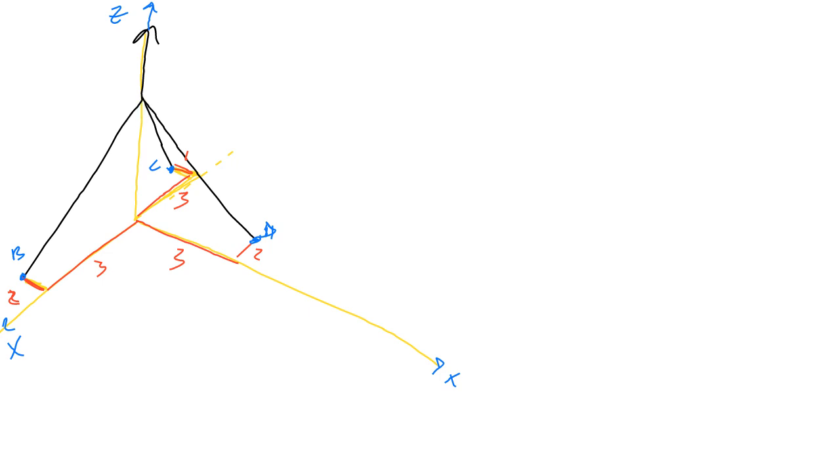But you can imagine it's right here. I guess I'll draw it in red. Looks like this. So let's label this force over here force B. Let's call this one force D. And let's call this one underneath here force C.